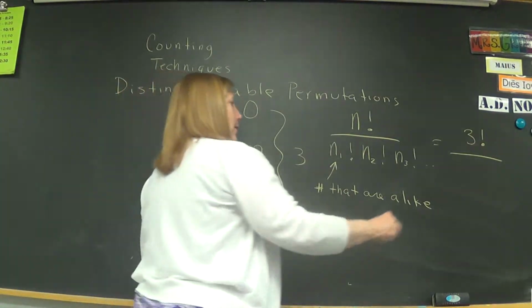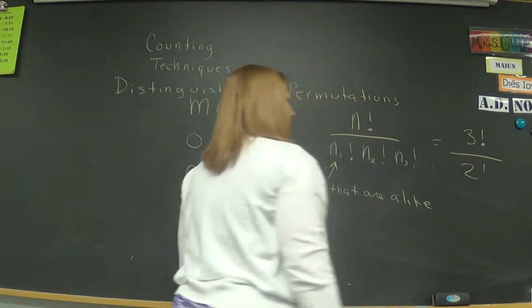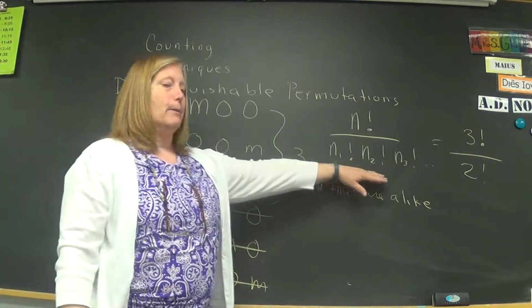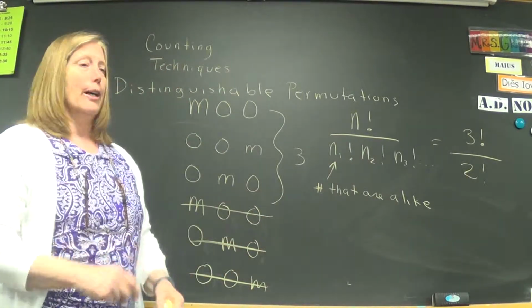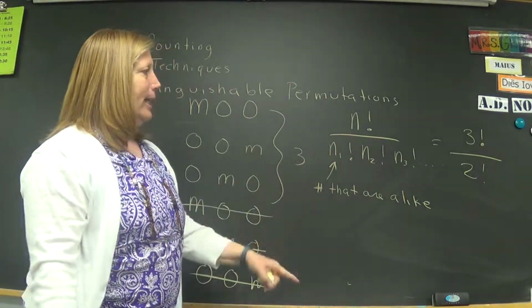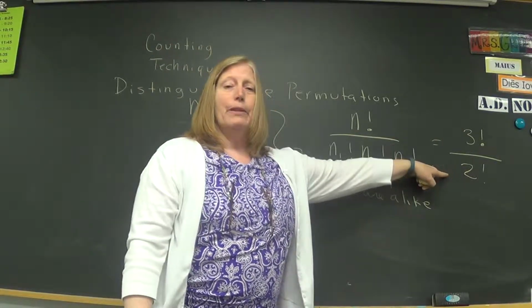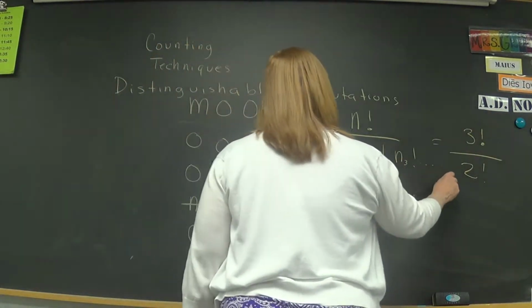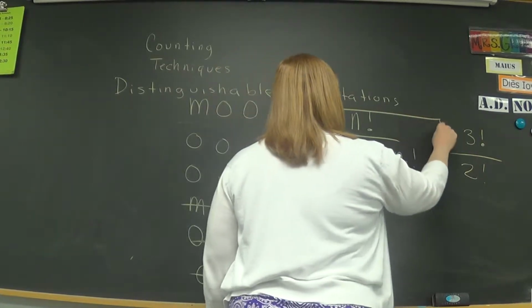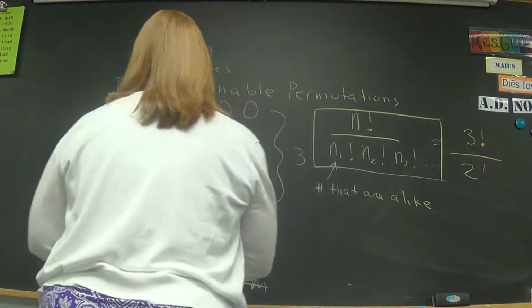There are 2. So I end up dividing by that. And there's no other repeats. But this formula is set up for as many repeats as there are. So does that come out to 3? 3 factorial divided by 2 factorial? All right, it does. All right, I'm going to save this formula and erase the problem and give you another one.